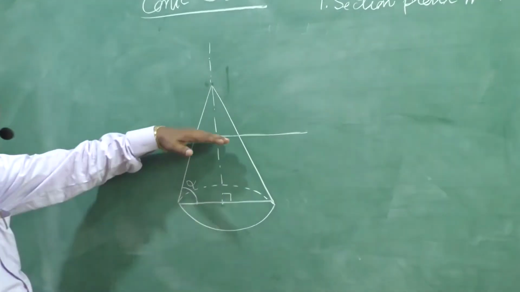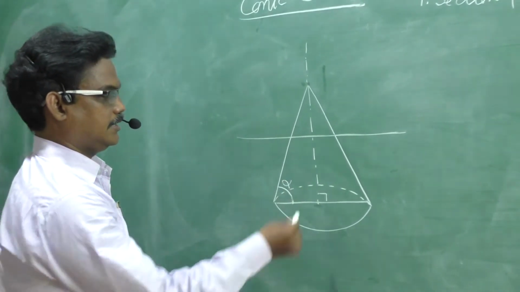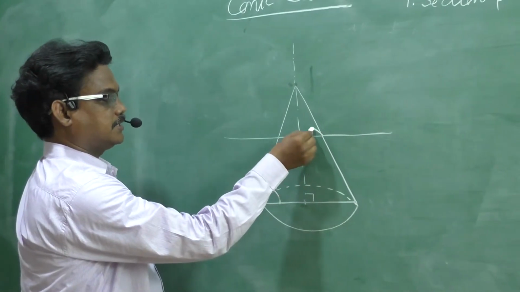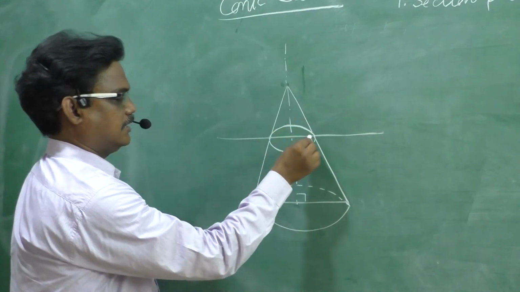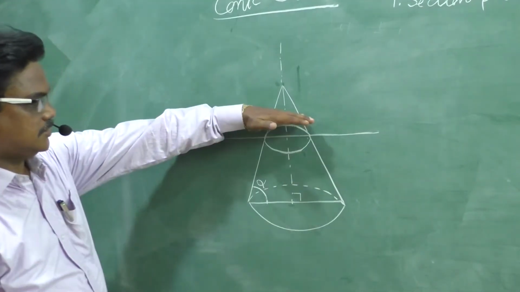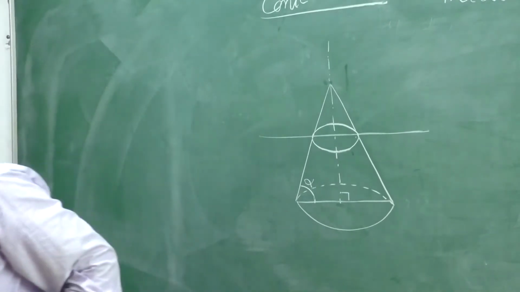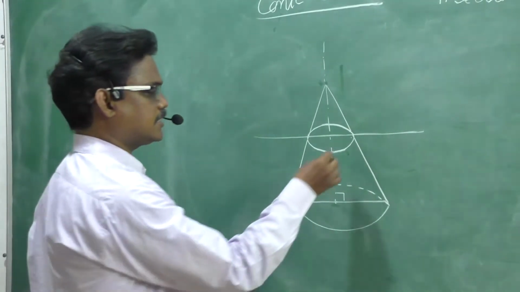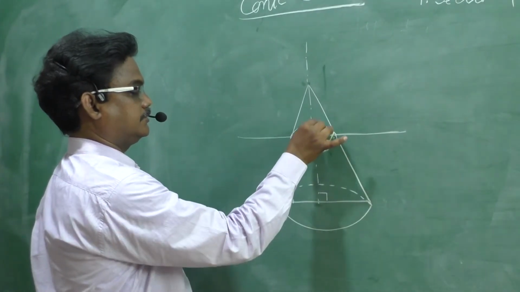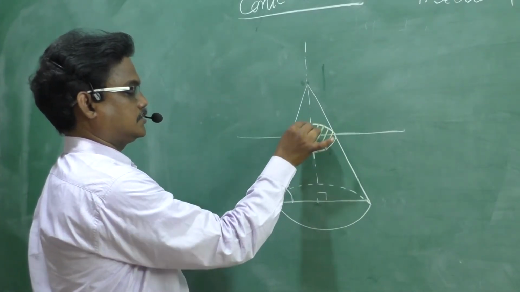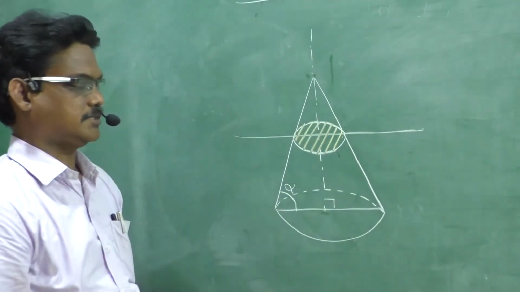The section plane cuts the cone parallelly, and the obtained section here is a circle. This is removed portion, this is retained portion. Now this circle can be given hatching here. This is the shape we got. This is one conic section.